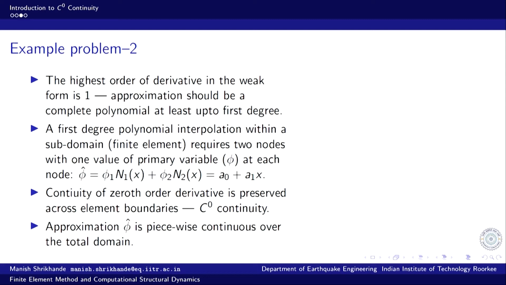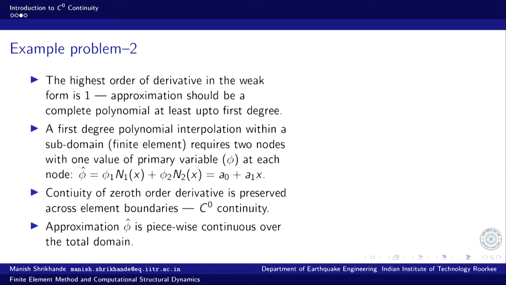So, the gradients may differ. The derivative of the function approximation for one element might be something, and for the other element just to the right of the node might be something else. So, that is fine.